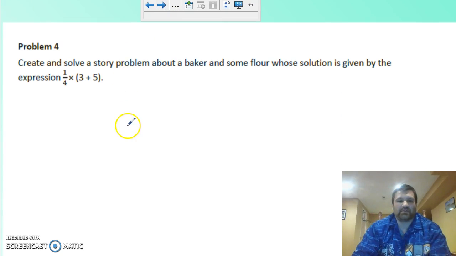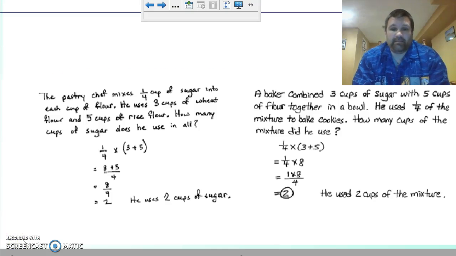Okay, problem 4. Create and solve a story problem about a baker and some flour whose solution is given by the expression 1/4 times (3 + 5). Go. Okay, because it's really hard to write with this, I'm just going to use the answers that the book gives us.